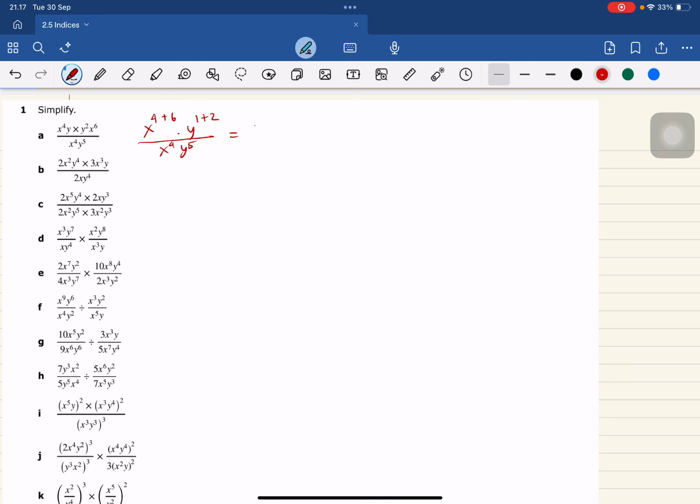This will give us x power of 10 multiplied by y power of 3, divided by x power of 4, y power of 5.